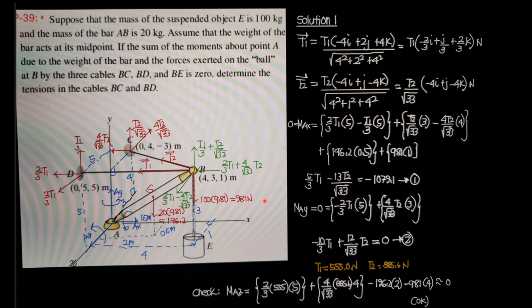So it is minus 981, the moment arm is 4 meters, times 4. So combining and calculating, that's about 0.12 or 0.2, or that's almost 0 compared to the magnitude of 555 and so on, because of rounding off to just 4 significant figures. Should we copy all the decimals, then this should be 0. So that's it for this first solution.